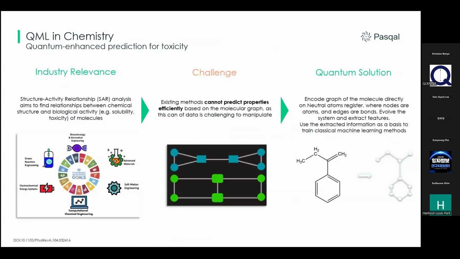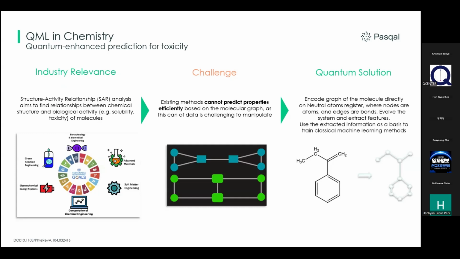With that said, I wanted to illustrate the practicality of the quantum evolution kernel, to better understand graph-based datasets, with a particular problem that actually comes from industry. I've alluded to this previously: graph structures and graph-based data can appear in various different scenarios, and the pharmaceutical industry or chemistry in particular is not an exception.